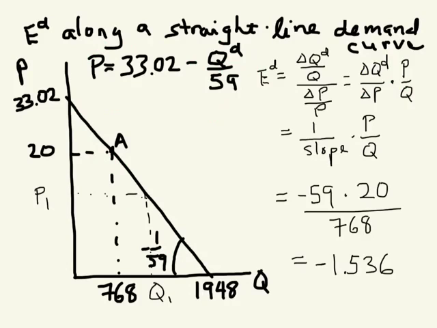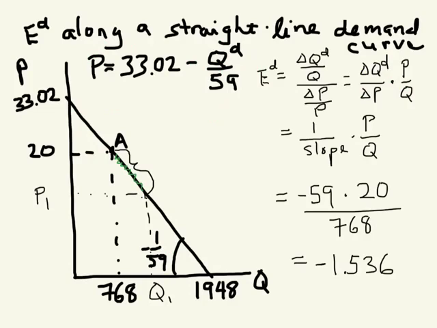Notice in that case, the elasticity we calculate by the method I showed you last, Q1 minus Q naught divided by Q naught, all over P1 minus P naught divided by P naught, that whole mess, we'd be estimating the elasticity over a range along the demand curve.